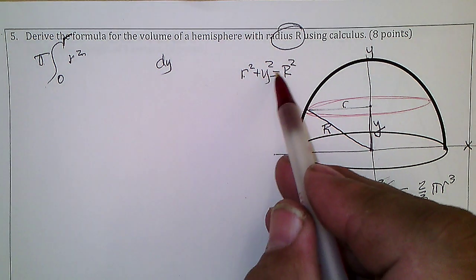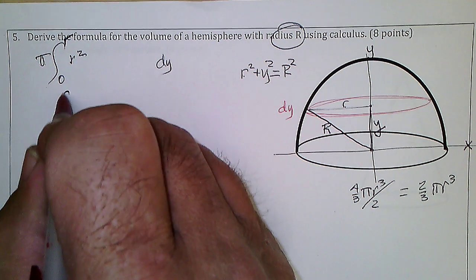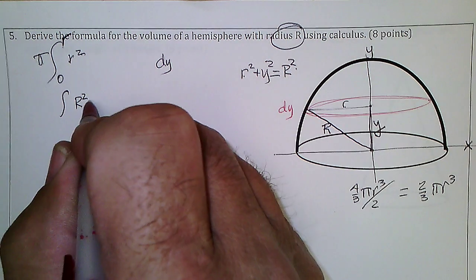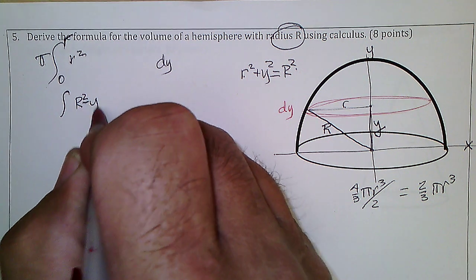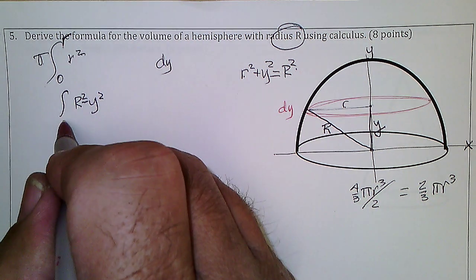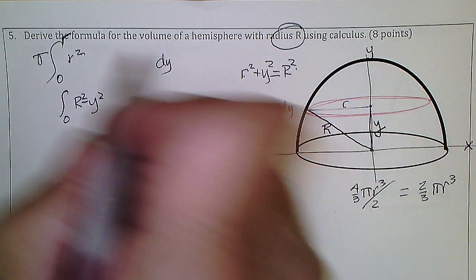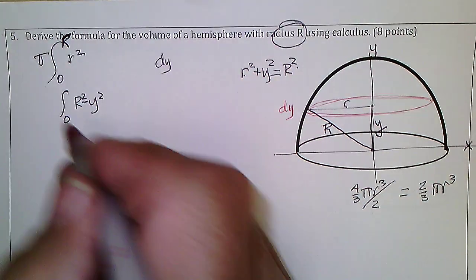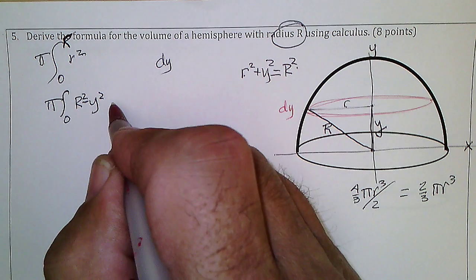So little r squared is capital R squared minus y squared, integrated from 0 to capital R, which are our limits, and pi dy.